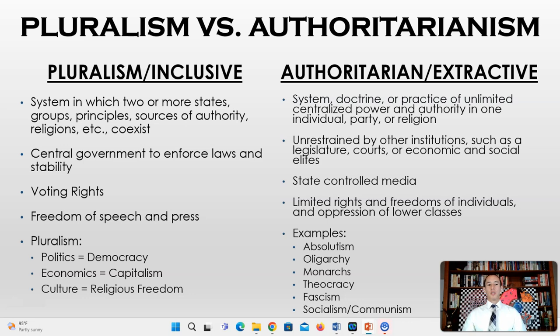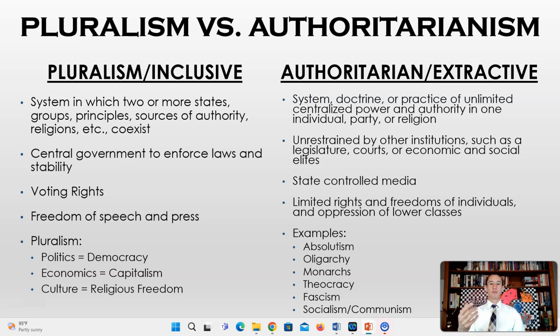So political pluralism is democracy. Economic pluralism, you get capitalism. And then religious pluralism, you get religious freedom and separation of church and state. Those three things are associated with long-term growth and stability.